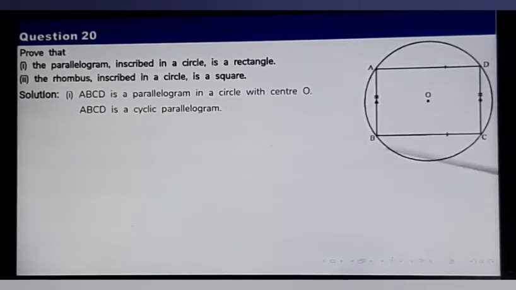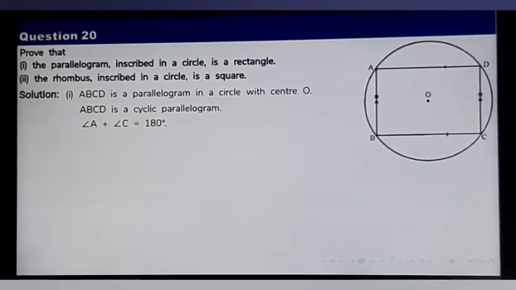Yes, because A, B, C and D all lie on the circumference, right? So I can call ABCD a cyclic parallelogram. Now in a cyclic quadrilateral, we know that the sum of the opposite angles will be 180 degrees. That is, angle A plus angle C will be 180 degrees. One more thing that we know about a parallelogram is that the opposite angles will always be equal.